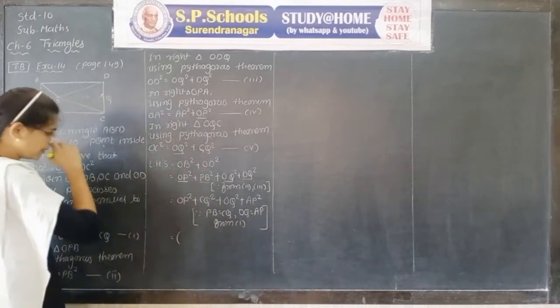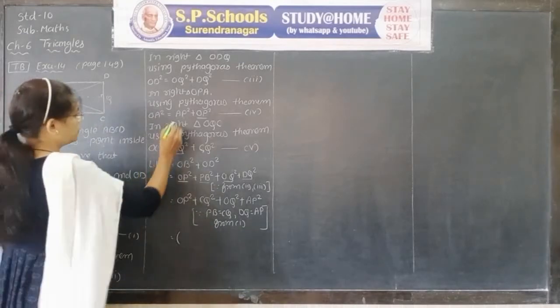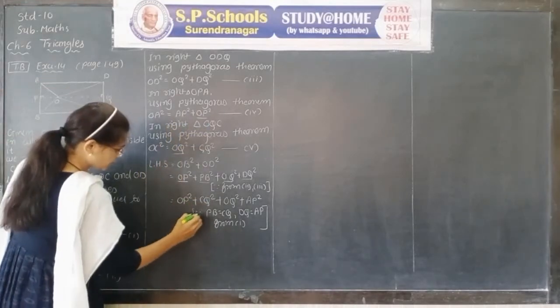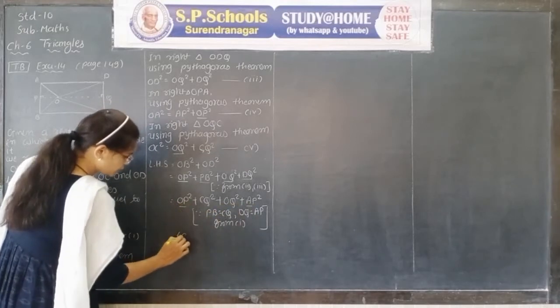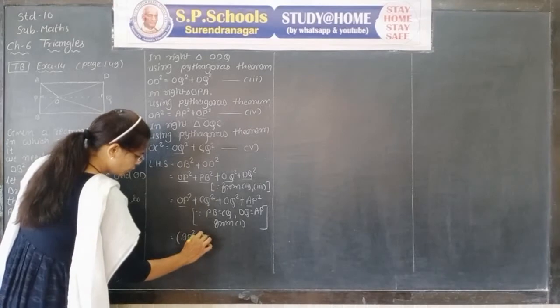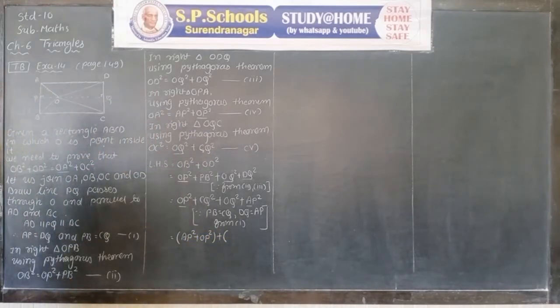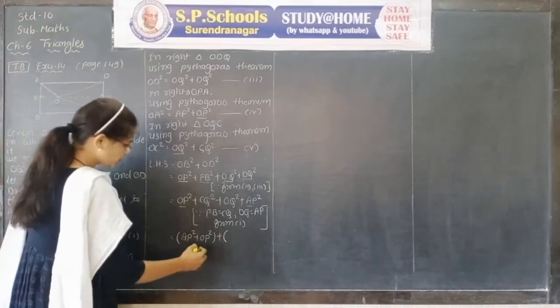Now make a pair. For OA square, we require AP square and OP square. Put them into a bracket: AP square plus OP square, plus the remaining in a bracket, OQ square plus CQ square.